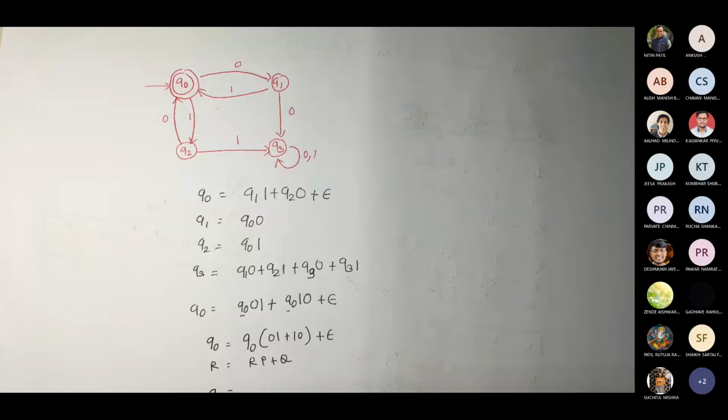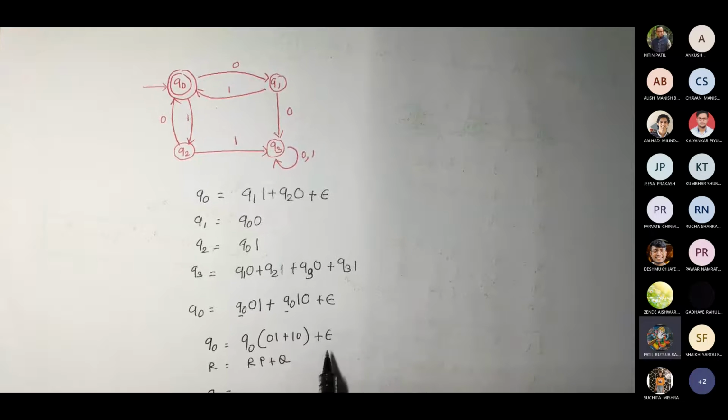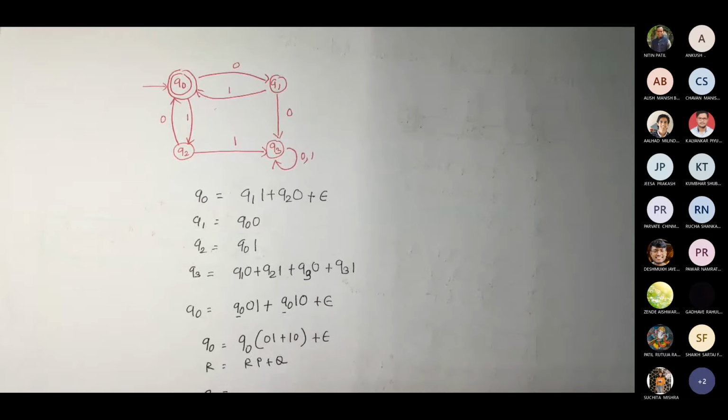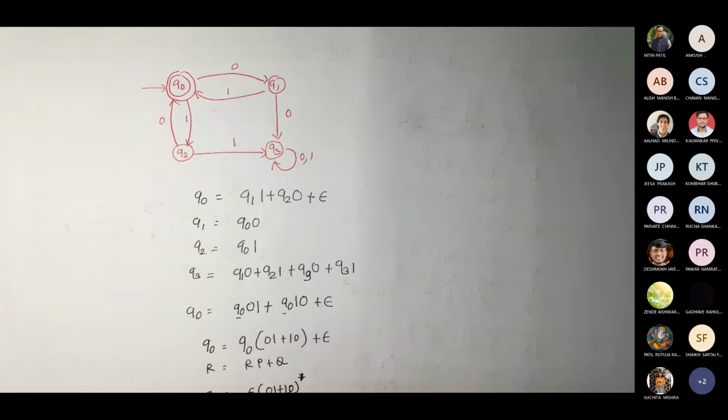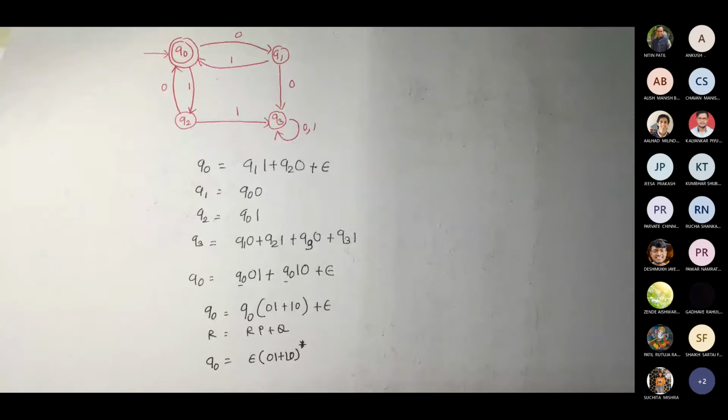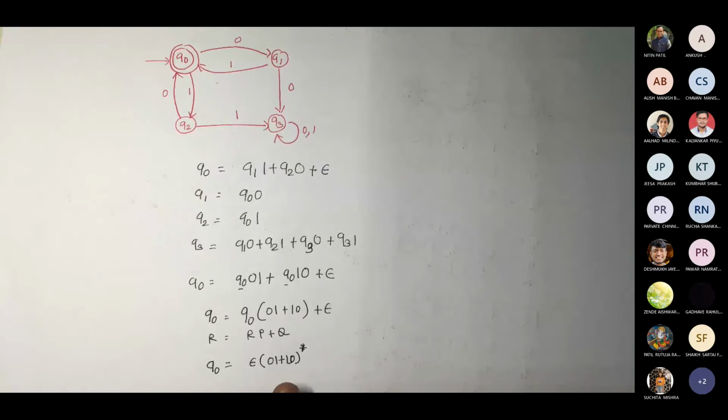What is Q in this case? Epsilon. What is P? This whole stuff. So this would be what? Epsilon plus, epsilon bracket 01 plus 10 star.